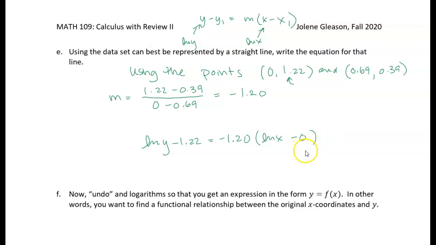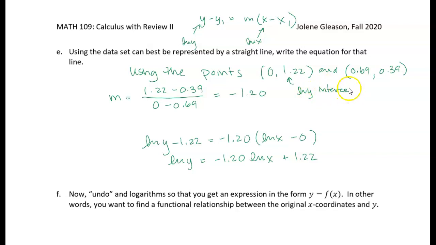Now I'll clean this up: the natural log of y equals minus 1.20 natural log of x, and I add 1.22 to both sides, so plus 1.22. 1.22 is essentially the y-intercept, or the ln of y intercept.